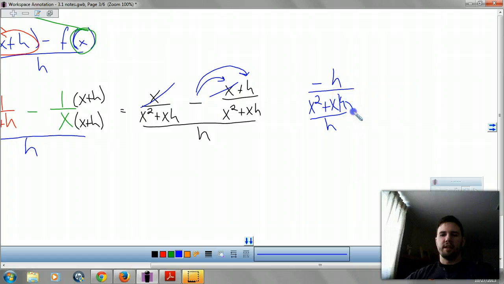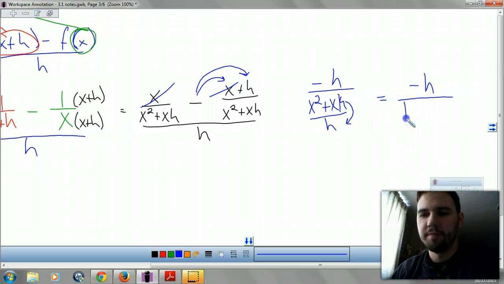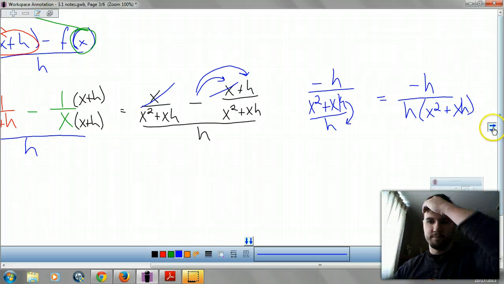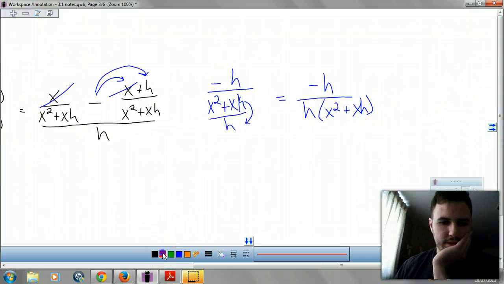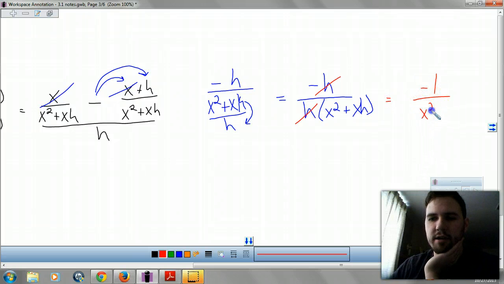So I take this and I'm going to shift it down, just because that's what we do. So you get negative h all over h times x squared plus x times h. Now our h's cancel, and we're left with negative 1 over x squared plus xh.